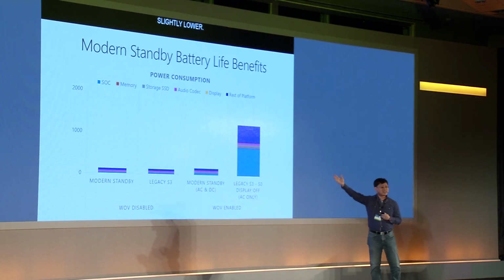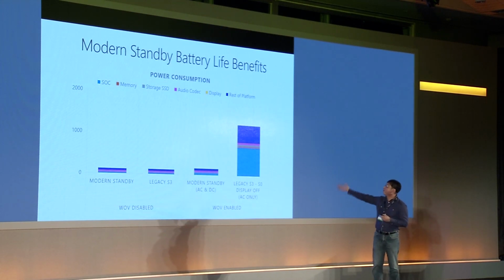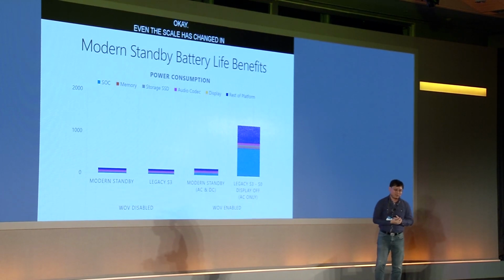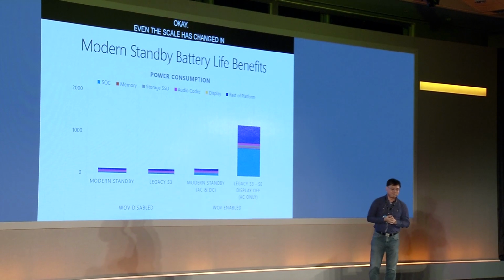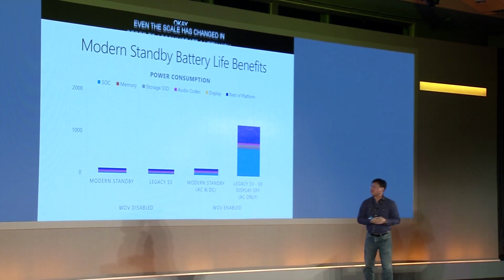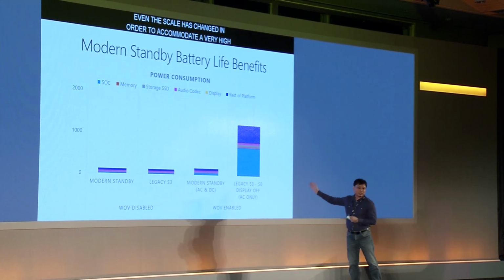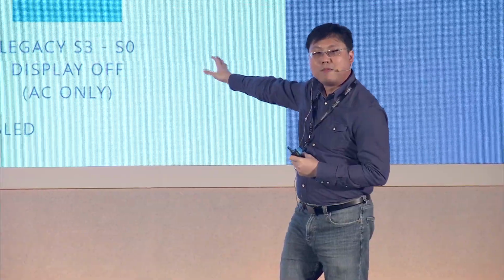Even the scale has to change in order to accommodate a very high power increase over here for the S3 system. Do note that at this stage, the display is still off, but the system is not in S3 mode. It is actually in S0, because the audio apps, like the software keyword spotter, are running in the background.